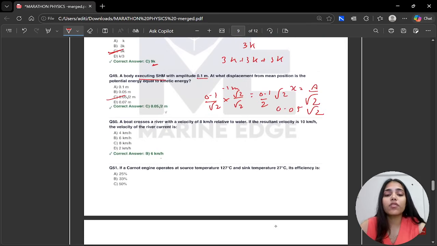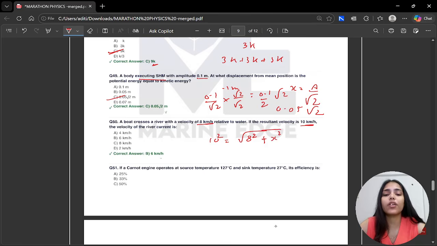A boat crosses a river with velocity of 8 km per hour relative to water. If the resultant velocity is 10, what is the velocity of the river? So the resultant velocity is 10, that would be equal to the velocity of boat plus the velocity of river. So if you just take the magnitude square, the resultant velocity is 10, the velocity of the boat is given as 8, and we have to find out the velocity of the river, that is, let's say x.